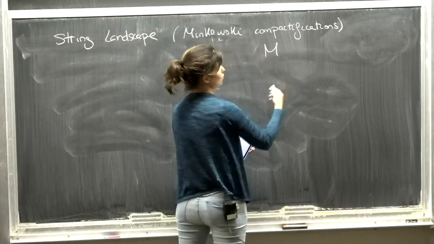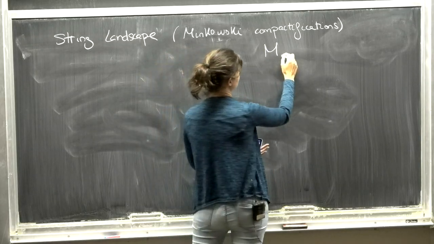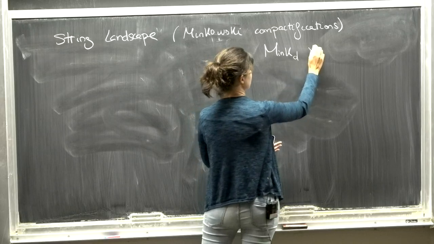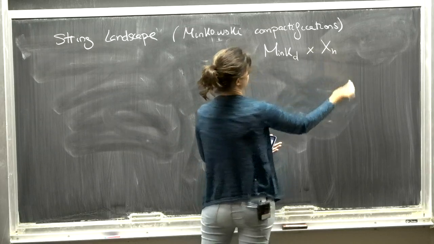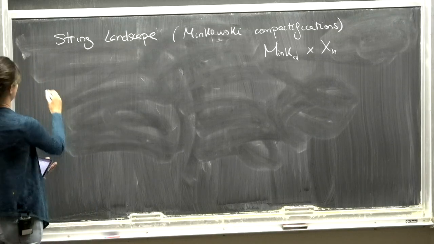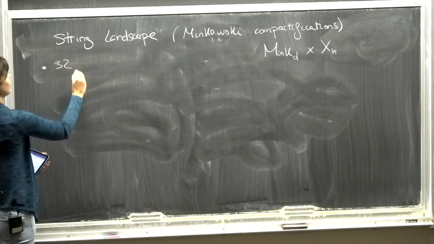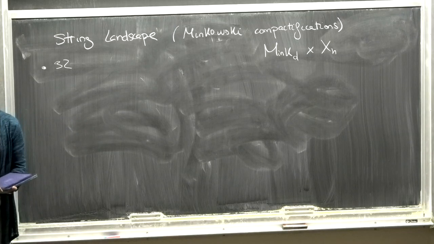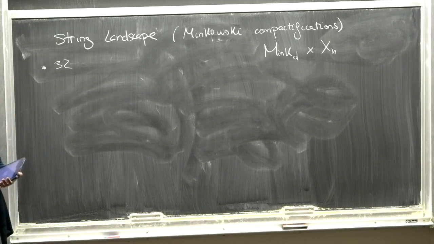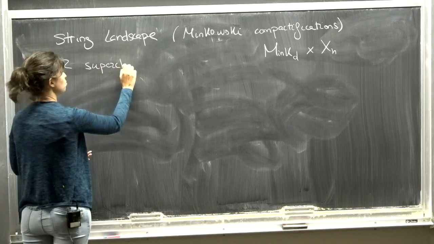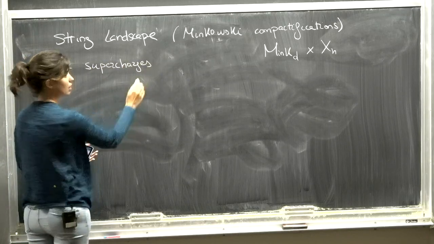This means that we are putting string theory in a background which is Minkowski space in d dimensions times some compact space. One can aim to do some systematic classification in terms of the level of supersymmetry. If we have 32 supercharges, this is maximal supergravity, maximal supersymmetry.